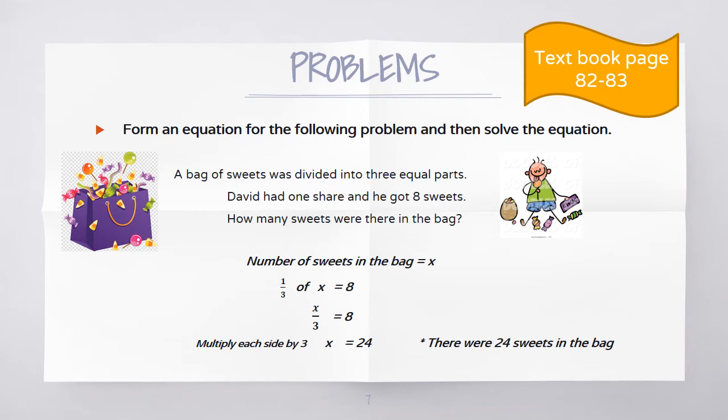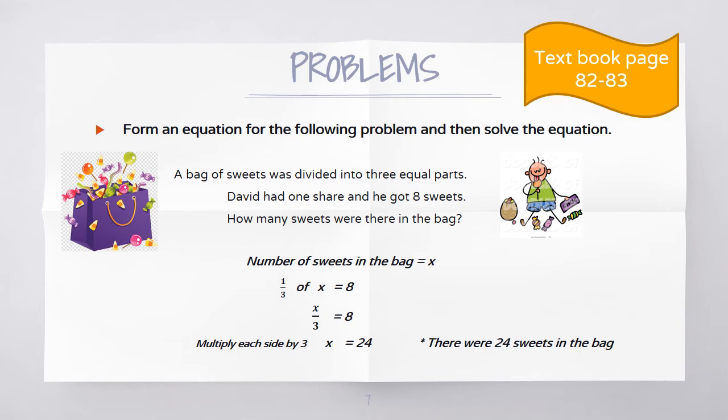Then it's mentioning that it was divided into 3 equal parts and 1 part got David and he got 8 sweets. Therefore, 1/3 of x equals 8. So, of in the sense multiplication, therefore we can come up with x upon 3 equals 8.